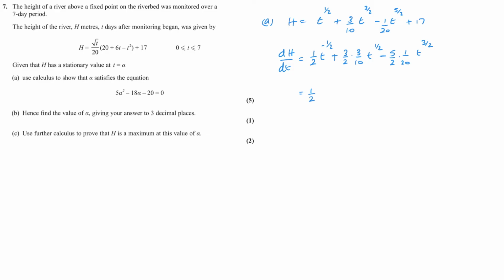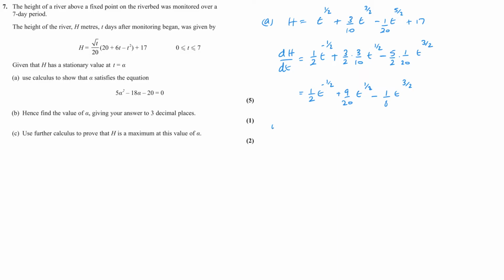So it's half t to the minus a half, 3 3's are 9, so 9/20 t to the half minus 5 cancels with 20, so it's minus 1/8 t to the 3/2.